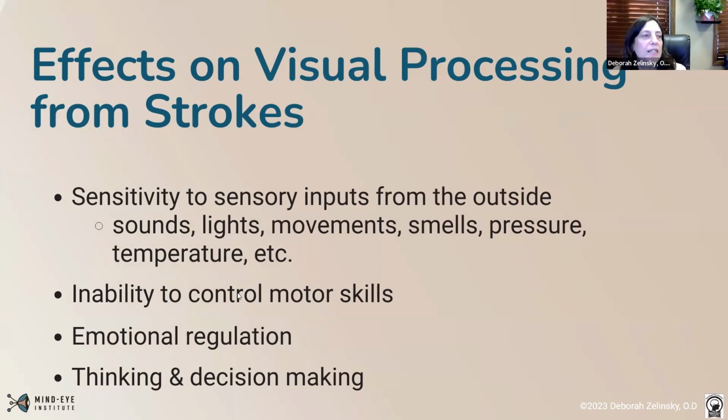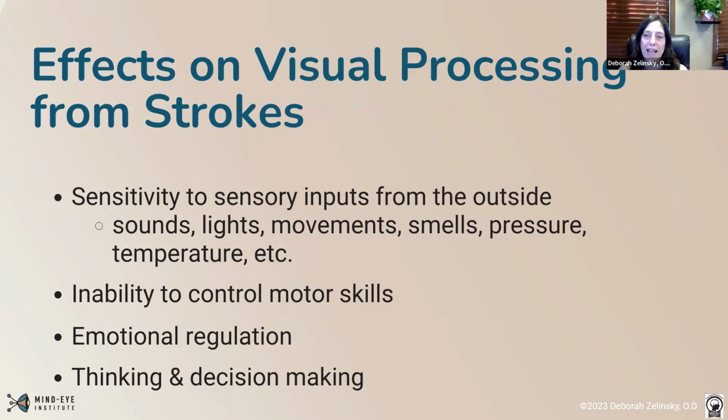So now we'll get into the effects. So now that you know what visual processing is, and it's all encompassing, how does it get affected when you have a stroke? So there's 4 main categories that it affects. One would be sensory systems, where you'd have trouble with sounds, sound sensitivity, lights, any light bothers you, movements.